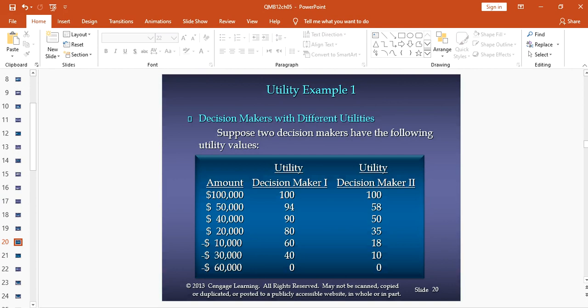What about decision makers with different utilities? So we have two other decision makers over here. 100, 94. They rank the utility for the given values in this way.